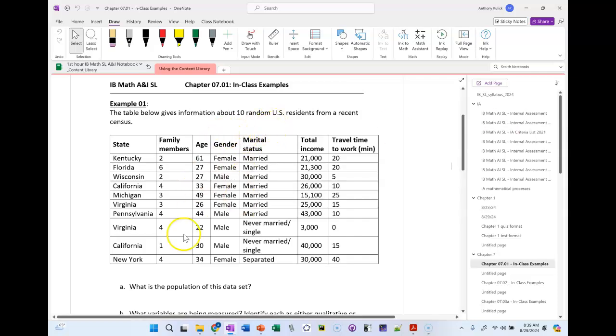Is there a way we could change our inference, say, about gender to make it a little bit better than saying straight 60% of the population is female? Or maybe you could just say more Americans tend to be female than male. That's a little bit softer of a statement.